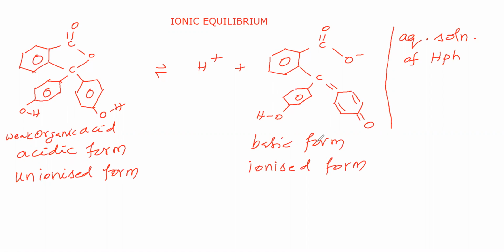Then in this species, this is called phenyl ring, benzene. Phenyl ring is present, benzene ring is present. Therefore, this is called benzenoid form. Then in this species, this structure is present.